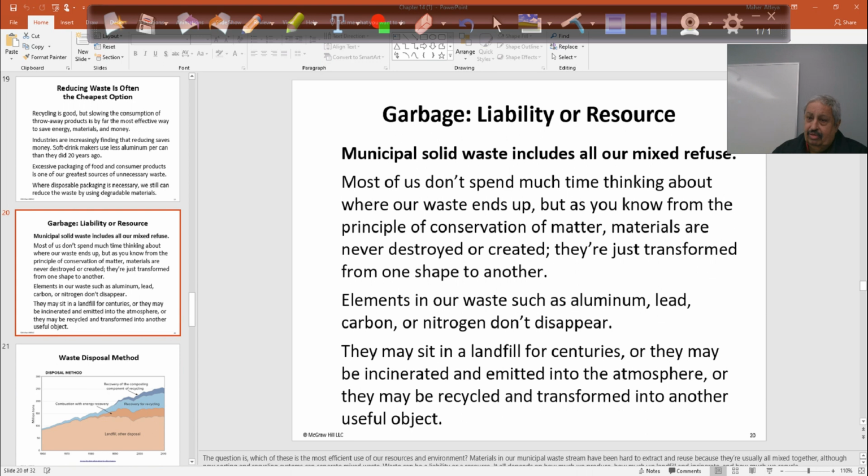Garbage, liability or resources? Well, it depends on how far the technology can go. It is a resource if we have the right technologies to manage this garbage or this waste. And liability, yes, it's another issue.